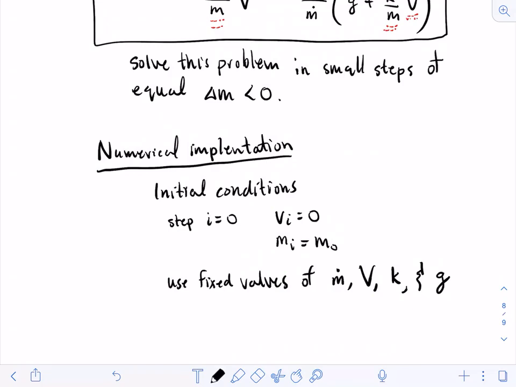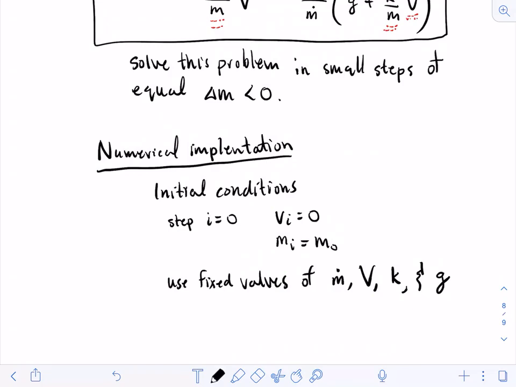It may be even more complicated than that, because a drag force proportional to velocity is typically valid for low speeds, and then it usually will transition over to a drag force proportional to the square of velocity once you get to high speeds. We're going to neglect all of those issues, but it is a limitation of our solution. Furthermore, the gravitational acceleration g is not constant as we get further and further away from Earth.